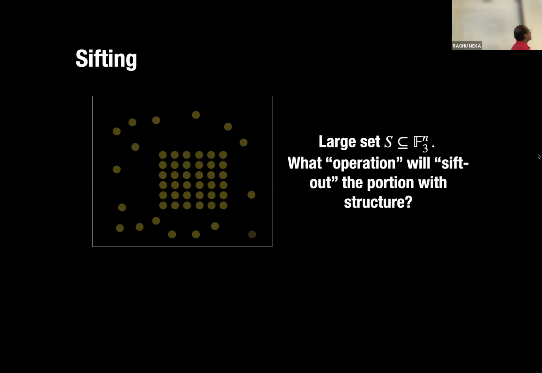So what do we have? Just take a very abstract picture. We have some set S, a subset of F_3^n. I want to find some sort of meta operation or algorithm which will sift out or identify some structured portion of this set.